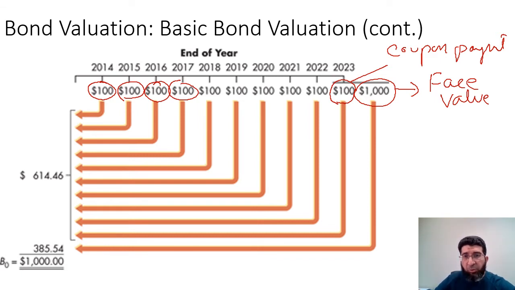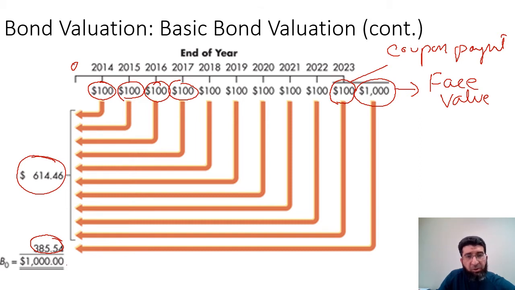We have the formula and we can use that formula. But here on the timeline, you can see we have to discount each one of them to point 0 and add them together. The coupon payments will add up to $614, while the present value of the last payment, which is $1,000, comes out to be $385.54, and the total becomes $1,000.